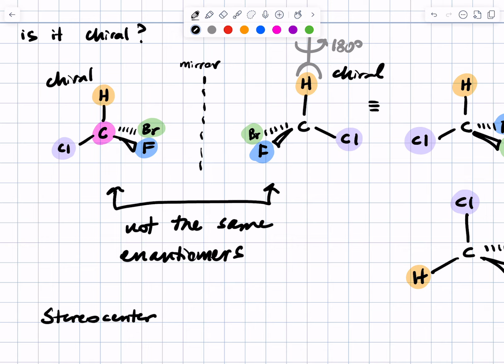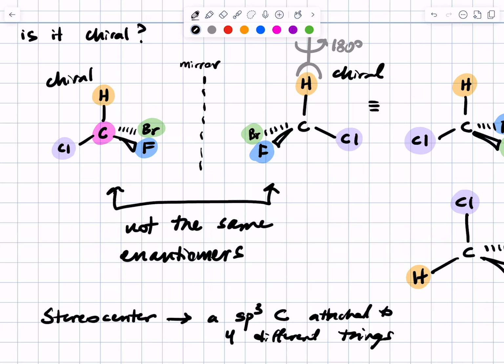It'll work for us in this class. A stereocenter is an sp3 hybridized carbon attached to 4 different things. So you're going to need to get good at identifying stereocenters. There's a stereocenter labeled in pink on the left. There's one on the right.